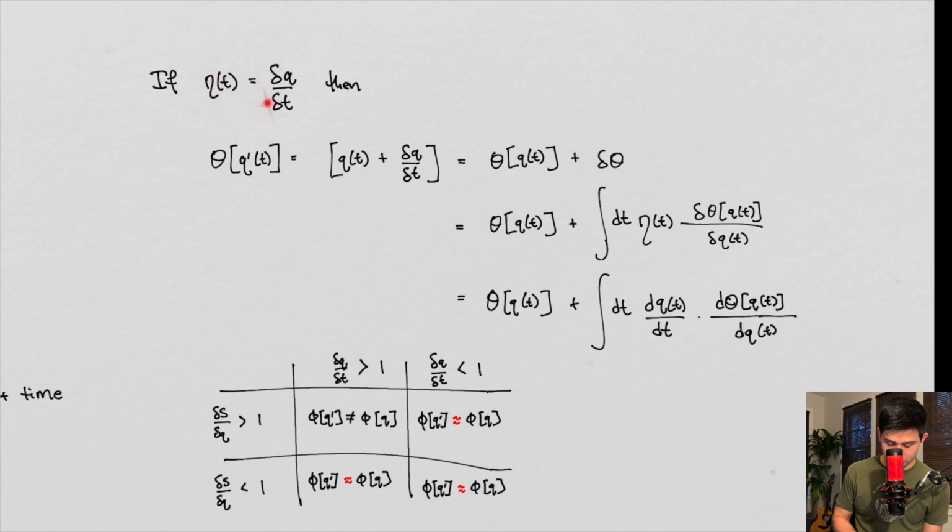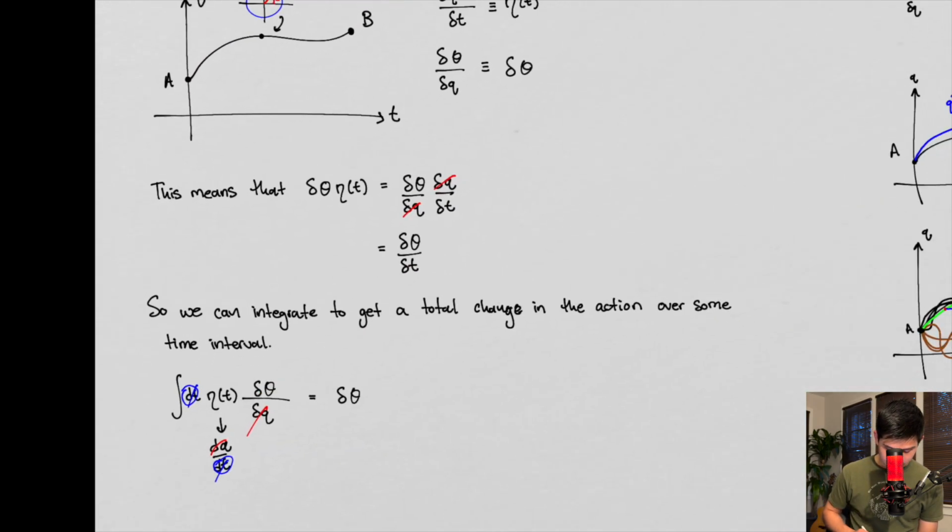This is the change we're talking about, the change in q with respect to t, which we're going to say is equal to the angle at the original q, the original set of states at t, plus some change in the angle. Well, we wrote this over here as the integral for each little time interval of d theta.